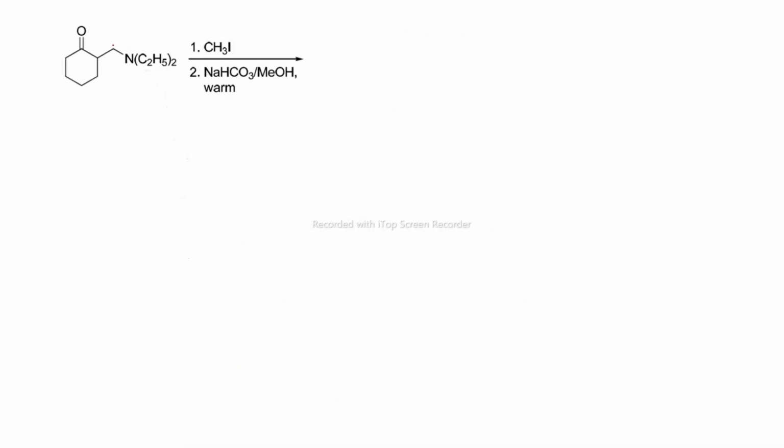In our reaction, first we treat with methyl iodide. That is called exhaustive methylation. So it will form N(C2H5)2 plus the methyl group.